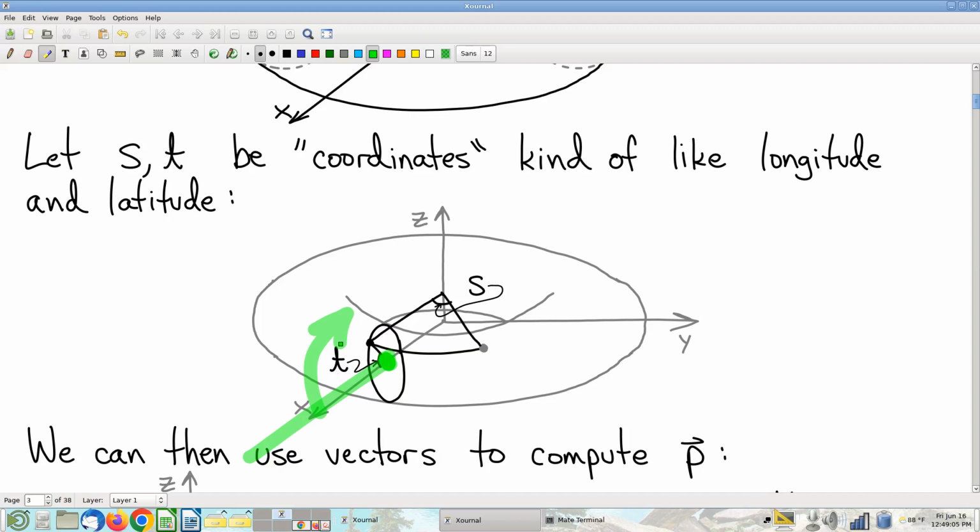Every point on this surface is going to be described by a combination of those two angles. So, for example, this point right here: you get to that point by going up by some angle t, and then around by this angle s. Everybody see what I'm talking about?